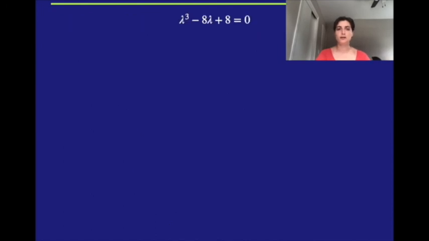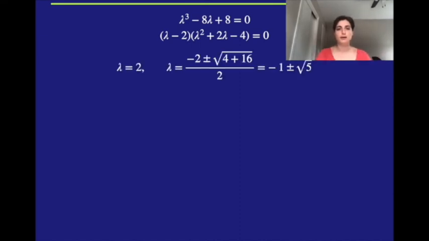So we can rewrite our algebraic equation as a multiplication of two lower order terms, and by straightforward second order formulas, you can find that the second and the third root are -1 plus or minus square root of 5.